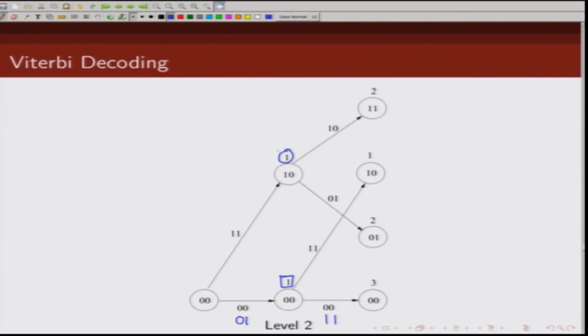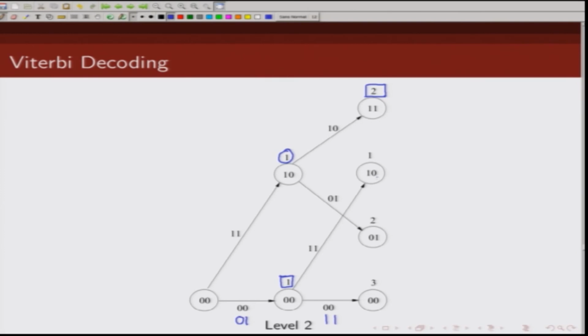Now, what is the path metric here? This is equal to the partial path metric at this time plus branch metric corresponding to this. So, this is 1 0 and what we received was 1 1. So, what is the Hamming distance between 1 1 and 1 0? That is 1. So, 1 plus 1, so 2. So, this will have a path metric of 2.